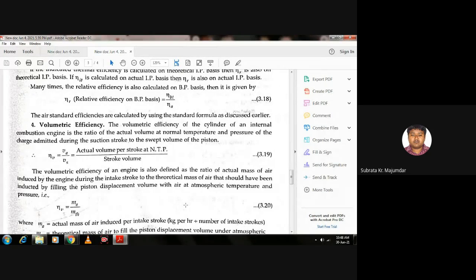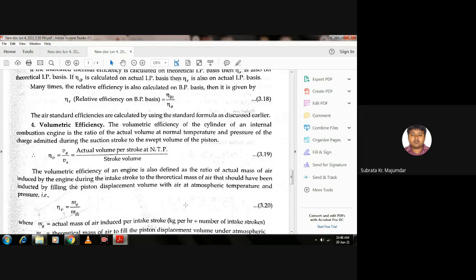The volumetric efficiency of the cylinder of an internal combustion engine is the ratio of actual volume at normal temperature and pressure of the charge admitted during the suction stroke to the swept volume of the piston. This line is long and complicated, so let me repeat. What is volumetric efficiency?